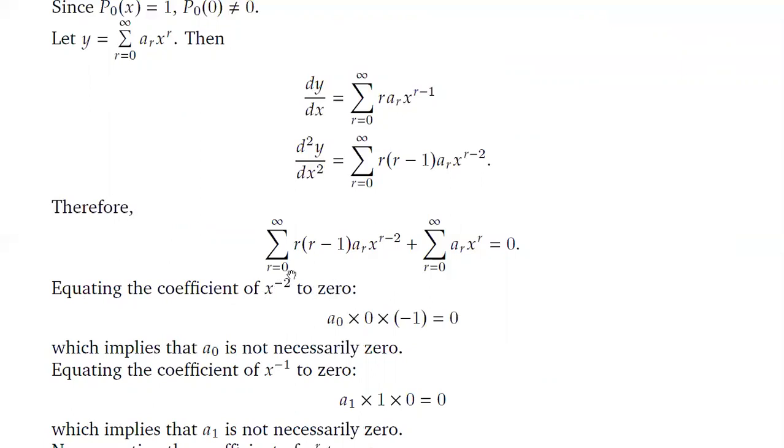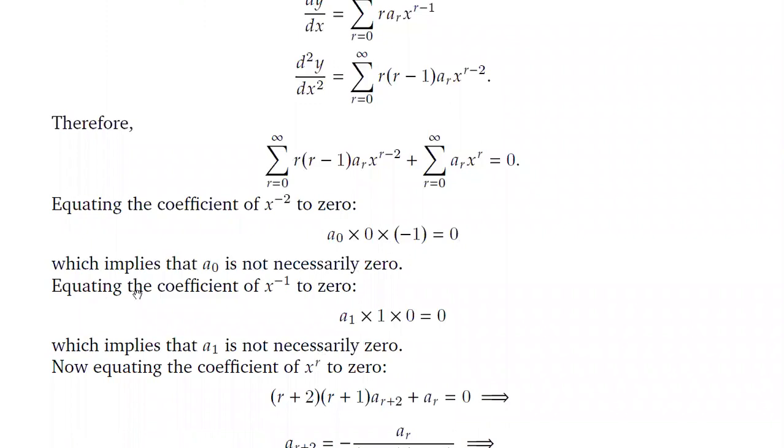When you put r equal to 0, you get a0 into 0 minus 1, which is equal to minus 1. You have to equate this term to 0. So let's assume that the value of a0 is not equal to 0, because this can become 0 because of the 0 over here and not because of a0.